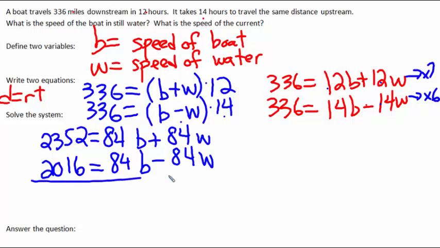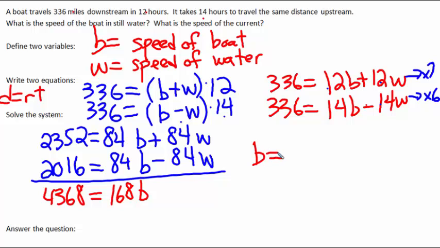So if we add down the columns, 2352 plus 2016, let's see, 4368. This would be 168B, and the W's will get eliminated. So now you can tell that B is going to be, so you divide 4368 by 168, and you get 26.